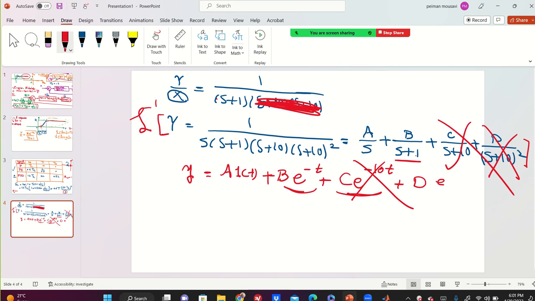Because of those poles, and remember that I was teaching you dominant poles, that is 5 times the other poles, they're going to vanish fast. Those poles are very large, they're going to vanish very fast in time. So your system is 1 over s plus 1.